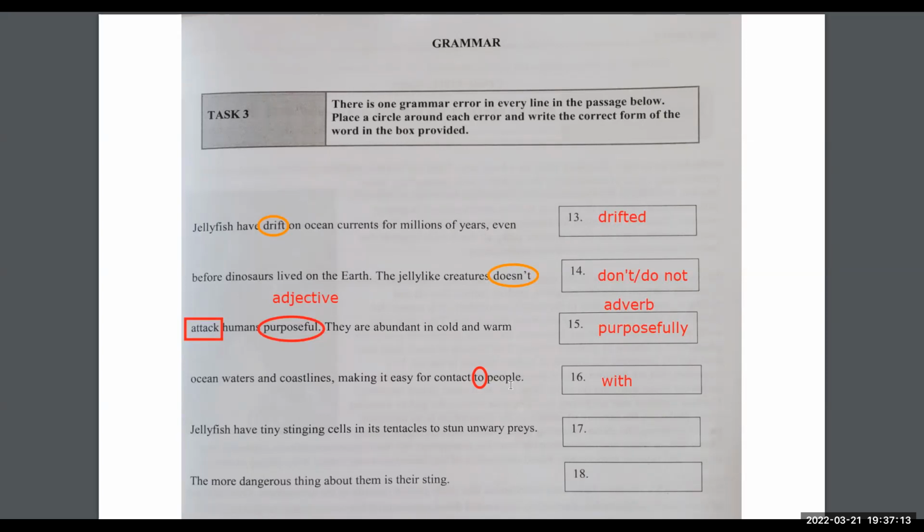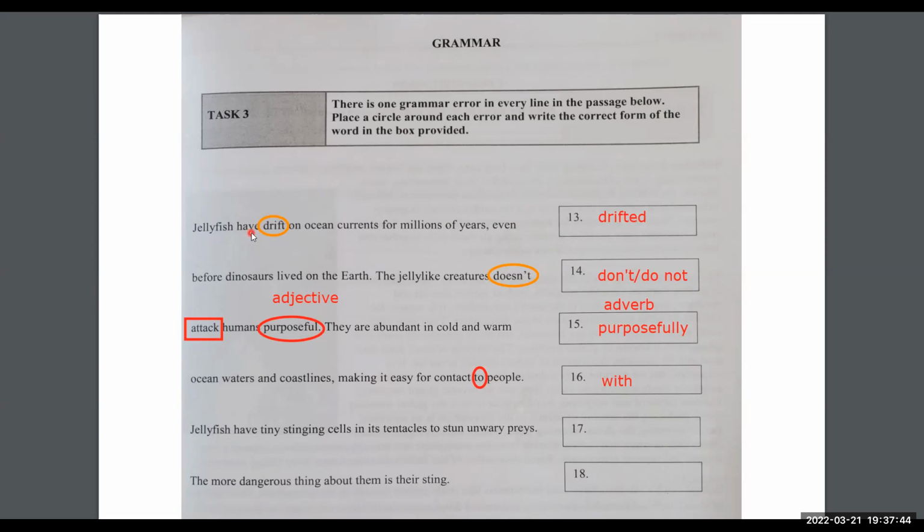All right, good job so far. What about 17? Have. Have is actually okay. If you look at the first line, you see have follow jellyfish, and that was fine.